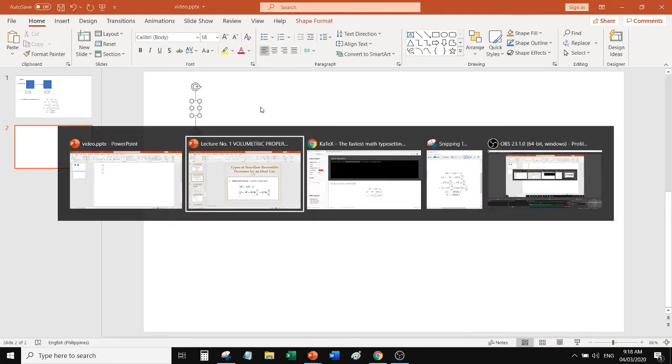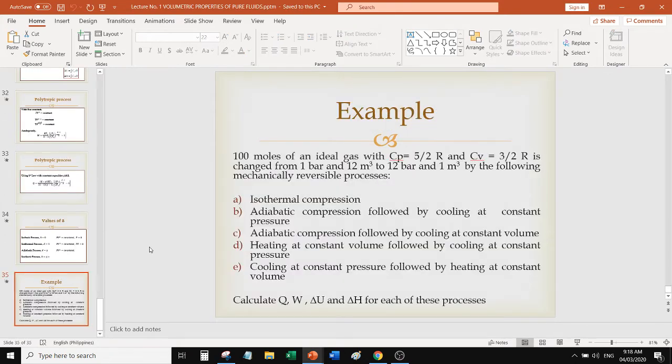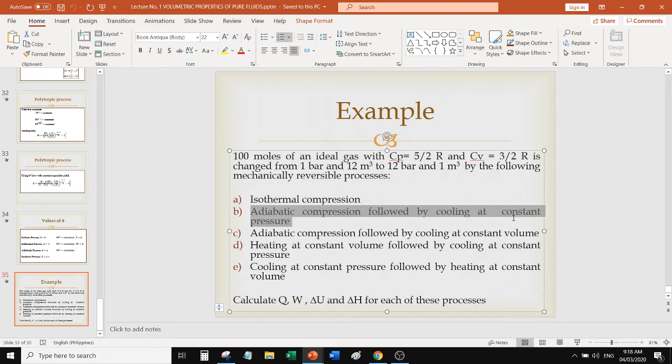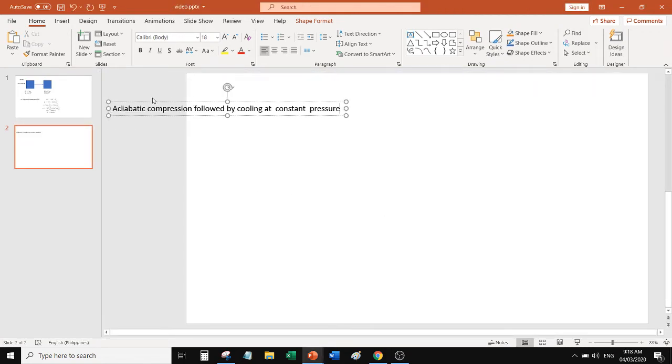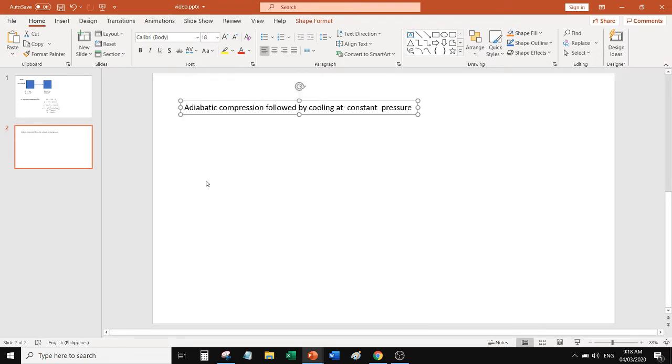The next process is adiabatic compression followed by cooling at constant pressure.